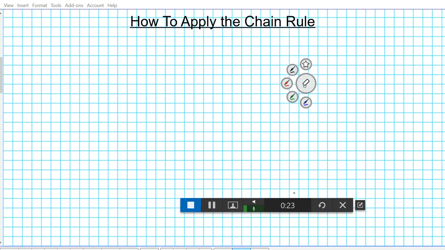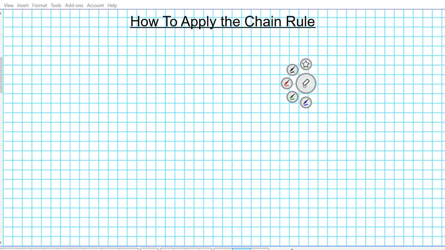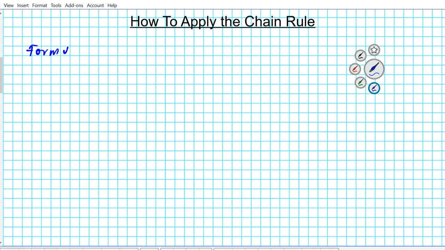Alright, before we get started, we're going to take a look at the formula that's going to guide our problem solving process. So you need to remember that the chain rule is a procedure for differentiating composite functions. Okay, so here's the formula for the chain rule.